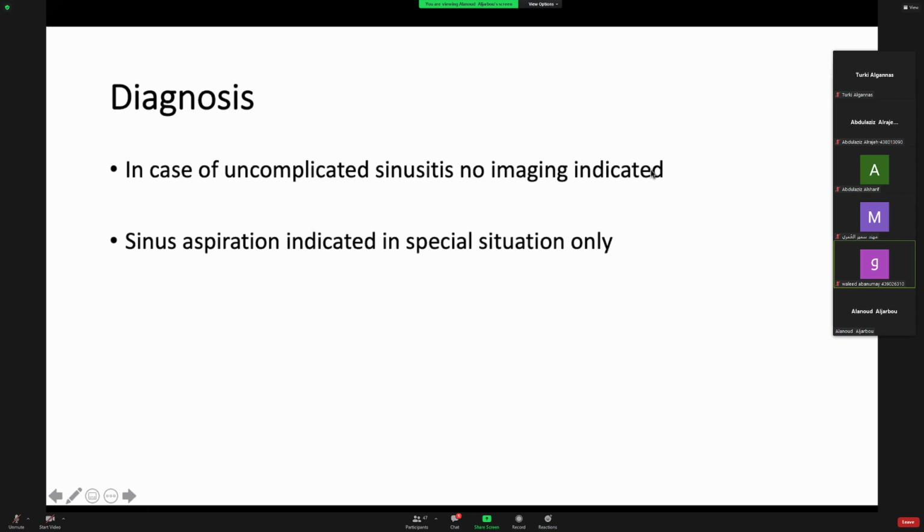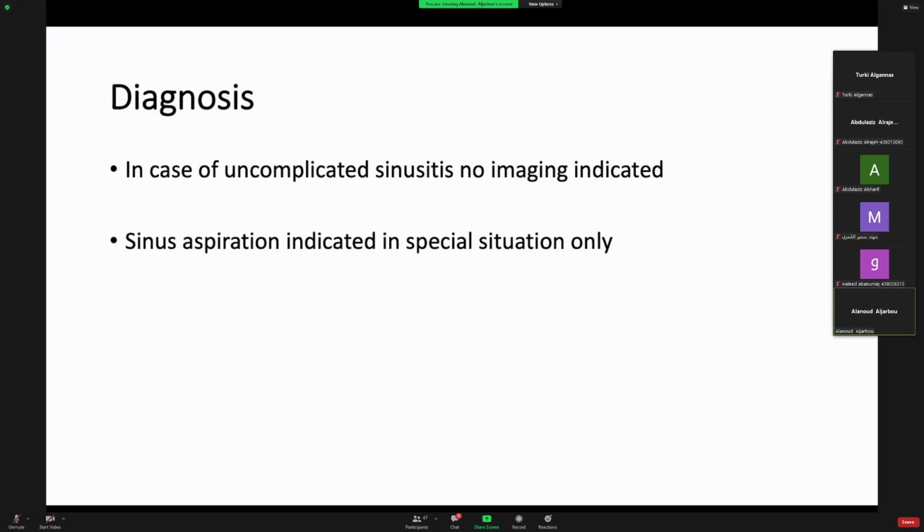Any other thoughts? Because the presentation of acute bacterial sinusitis can overlap with a common cold. And if you image any patient with a common cold or with acute bacterial sinusitis, you will have the same finding, which is thickening of the sinuses or an air-fluid level.